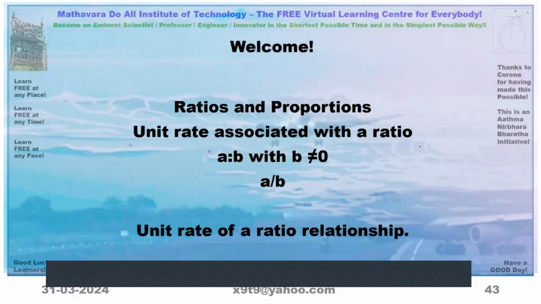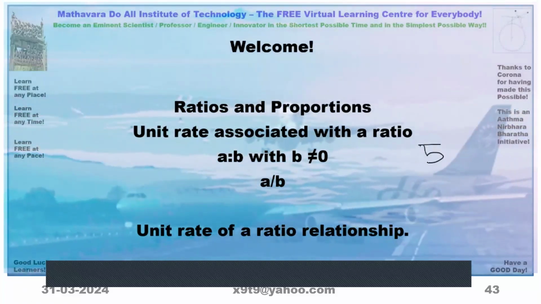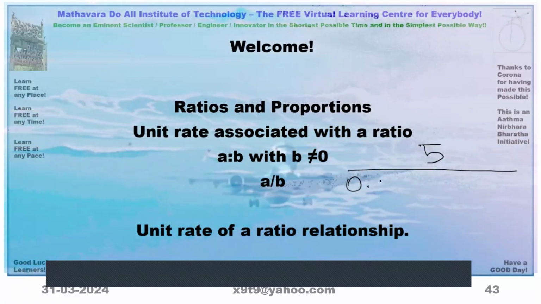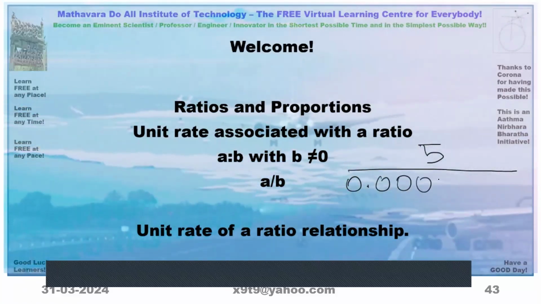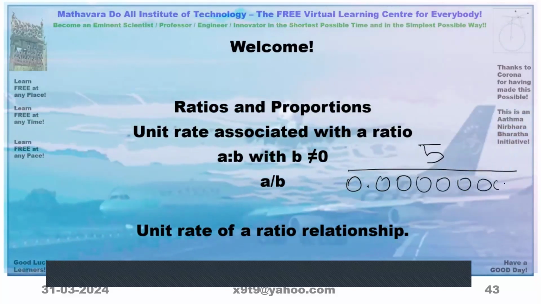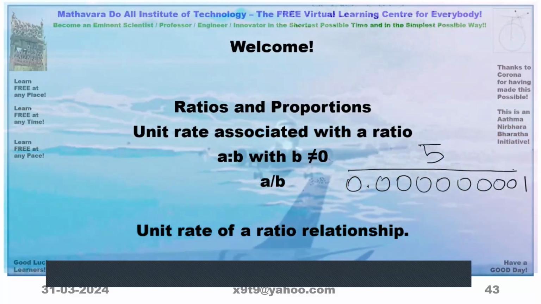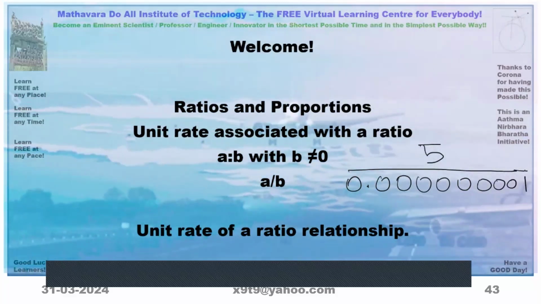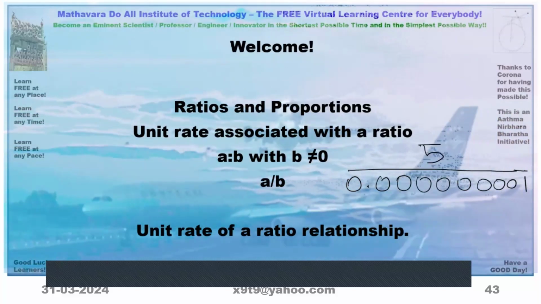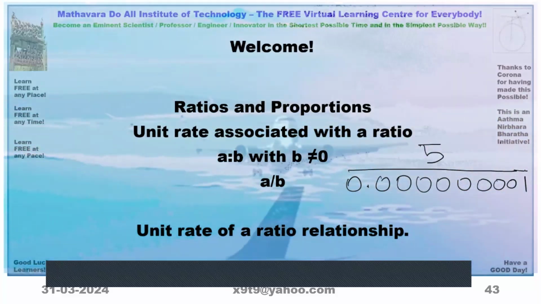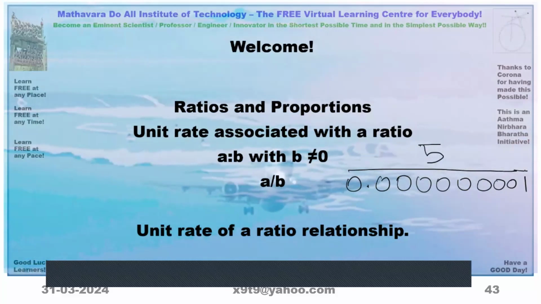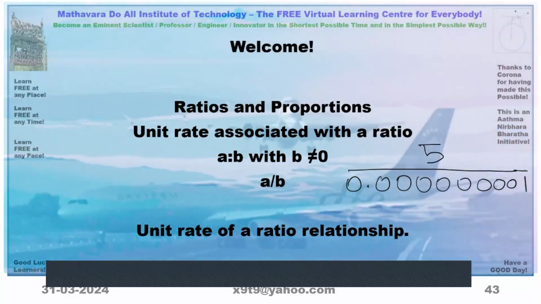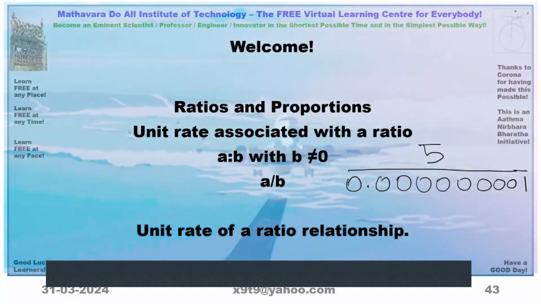See, what is the number I gave? 5, yes. 5 divided by 0 point, let us put 8 zeros and 1. What will you get? It's a 5 and then a lot of zeros. 5 followed by 9 zeros.